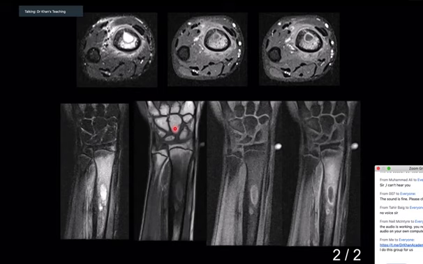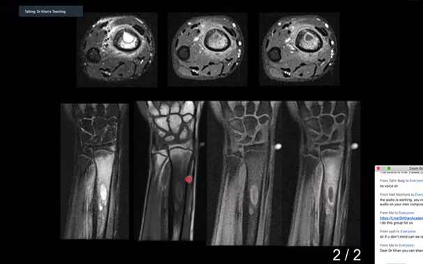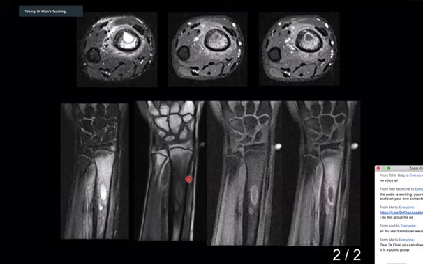Then comes the subjective phenomenon, how dark. If something is darker than the adjacent muscle, or in spine imaging darker than the adjacent intervertebral disc, you have to think that something is happening.